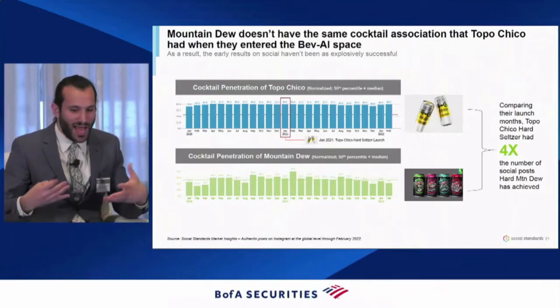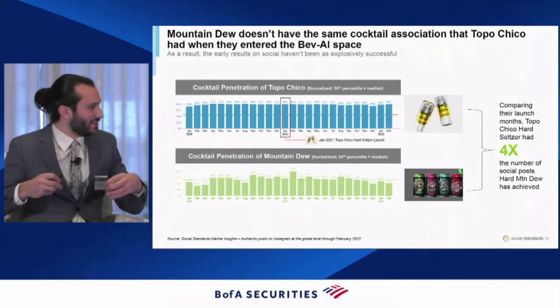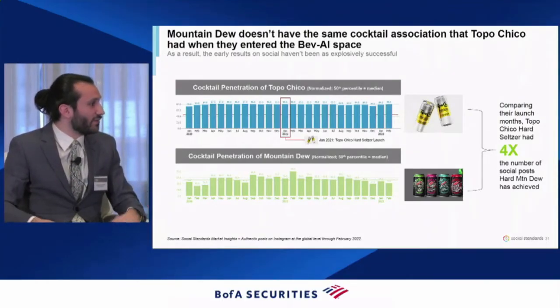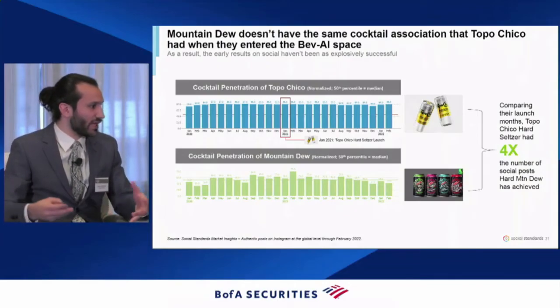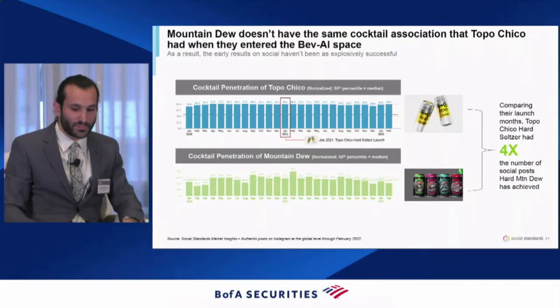And so as a result, I think it makes a lot of sense why it hasn't necessarily had the early social success that Topo Chico has had. I think it bears to be seen. Of course, a lot can still happen, but that's somewhat what the early results from social media have indicated about the differences between these two launches.